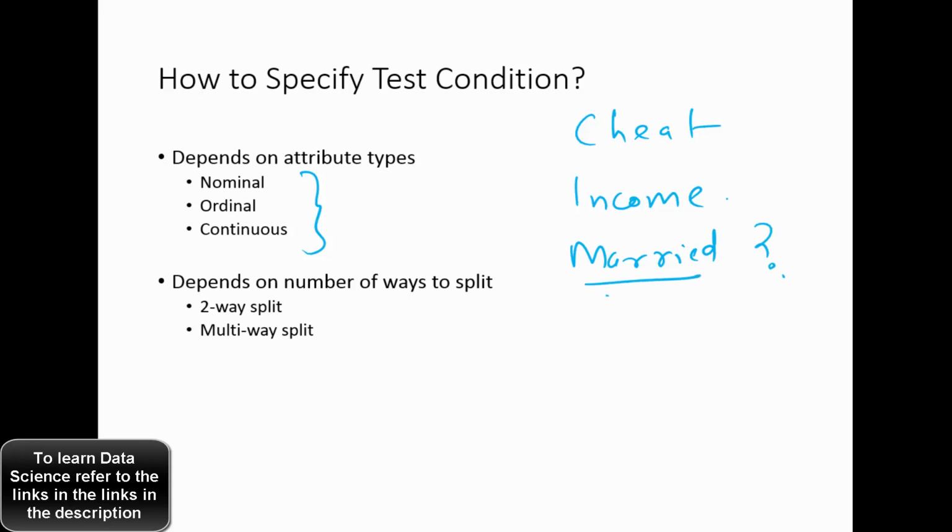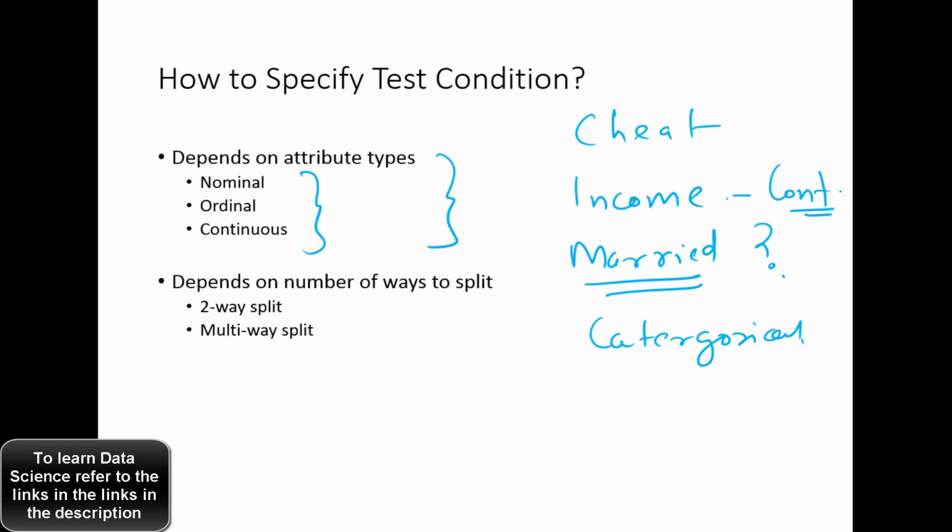Whether someone is married is a categorical variable, whereas income is a continuous variable.